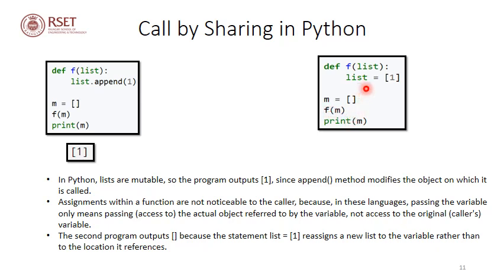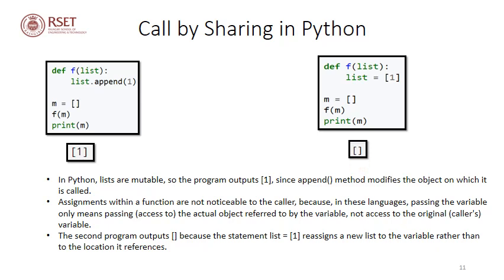Since we are reassigning the value of this list, and we know that in call by sharing we pass only the actual object referred to by the variable and not access to the variable itself, this kind of reassignment will not work and it will not be reflected back in the main program, and this print statement will print the original empty list as output.